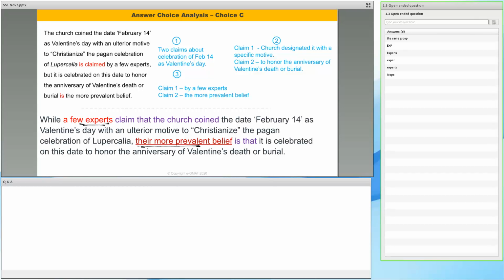Is that what the author wanted to communicate? No. Is that changing the meaning? The author wanted to communicate the prevalent belief, in general, the common belief, or mass people, as someone said. It is changing the meaning, which is why choice C is wrong.